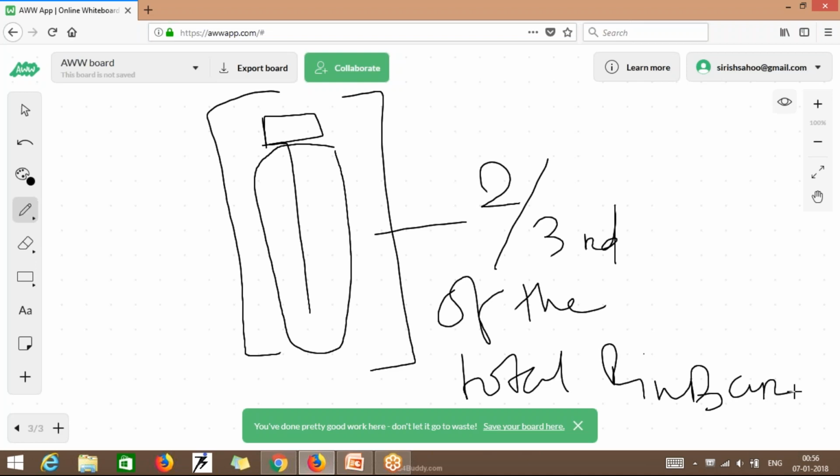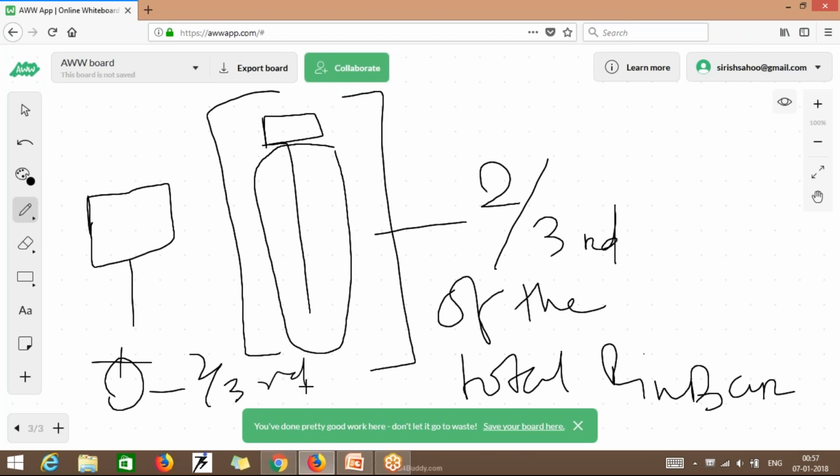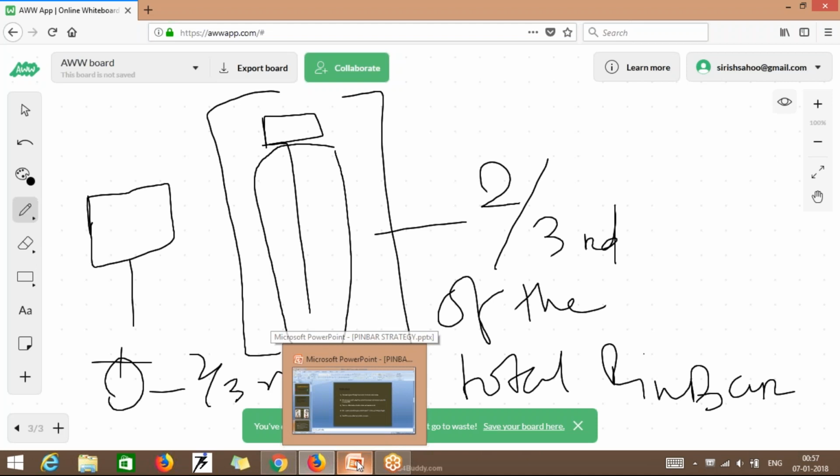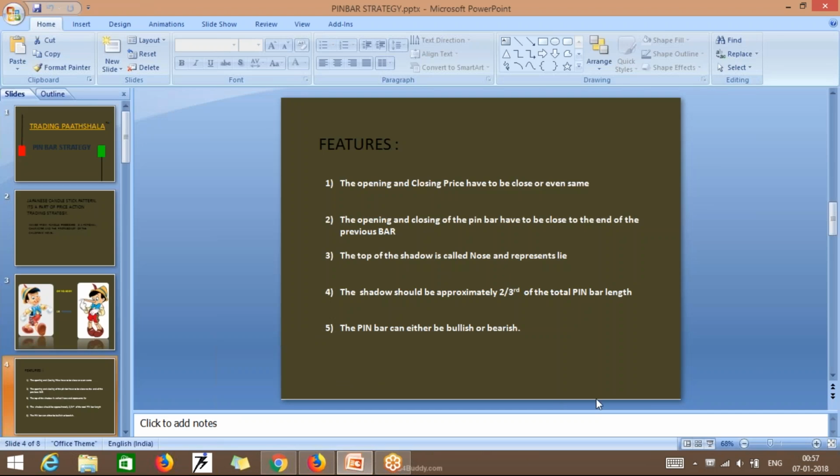I think now it's clear. We cannot take this as a pin bar, or else we cannot take this as a pin bar, because the shadow should be two-thirds of the pin bar. Is it fine now? I think it's easily understandable.